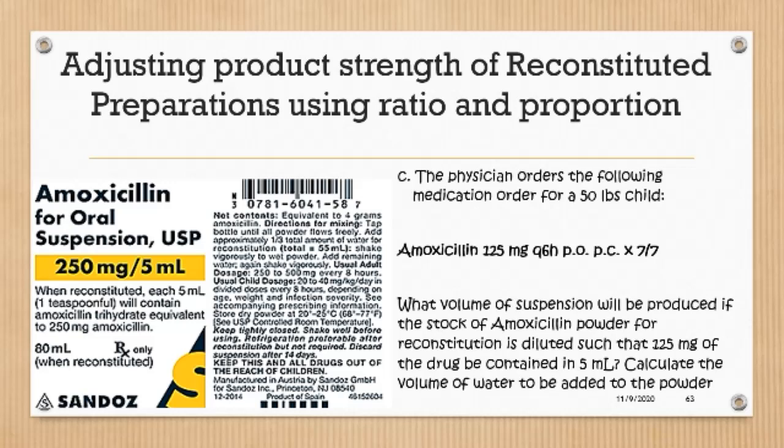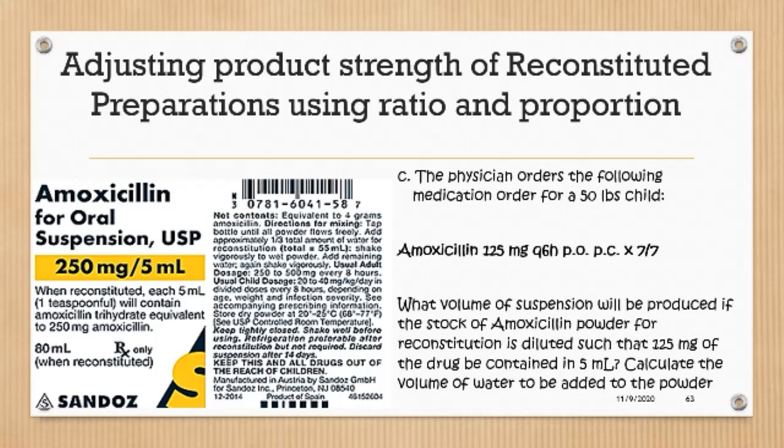Now, this is where our concept of ratio and proportion, our concept of interpreting prescription orders comes in. We would have to have that groundwork first in order to be able to do this kind of calculation. Of course, we would also need the concept of dilution and concentration to assist us.